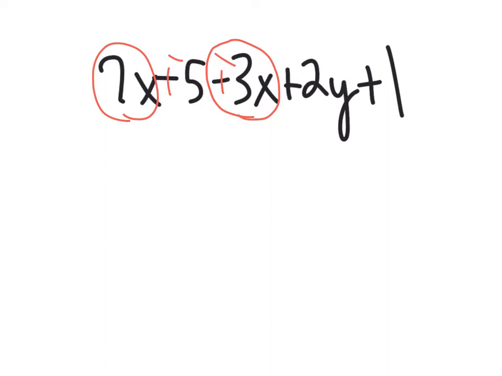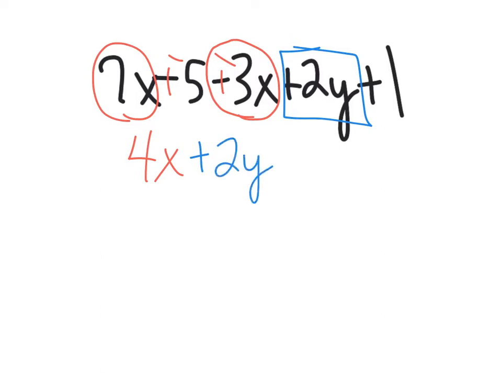So I'm going to start with the x's because that's the first thing alphabetically here. 7x and negative 3x would be 4x. Then I've got another letter, which is y. And there's only one y term, so I'll just bring that down, plus 2y. And then we have two constants here.